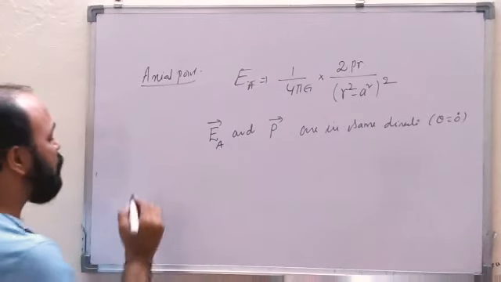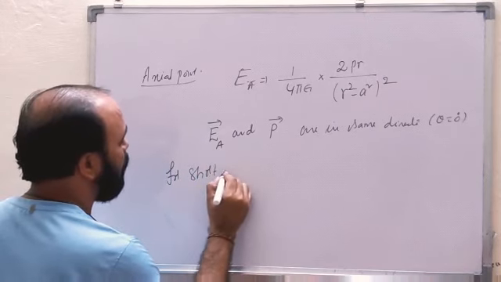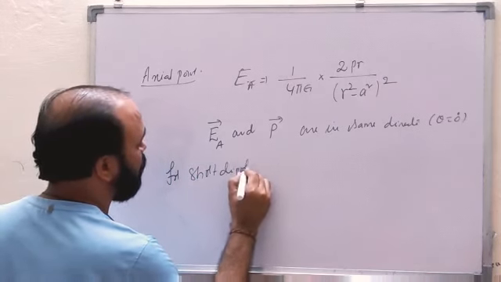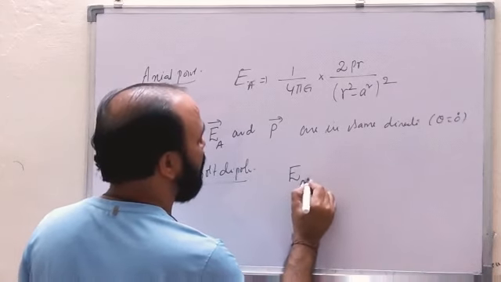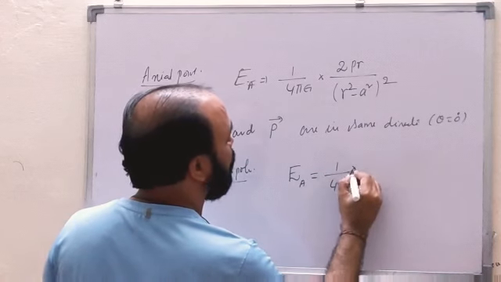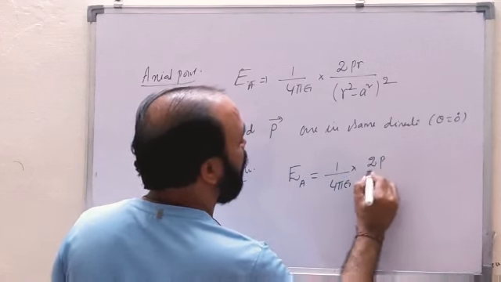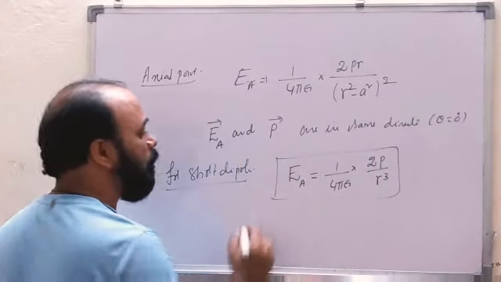For the short dipole, this is the formula for axial line. EA bar is equals to 1 by 4 pi epsilon naught 2p by r cube. This is formula for small dipole.